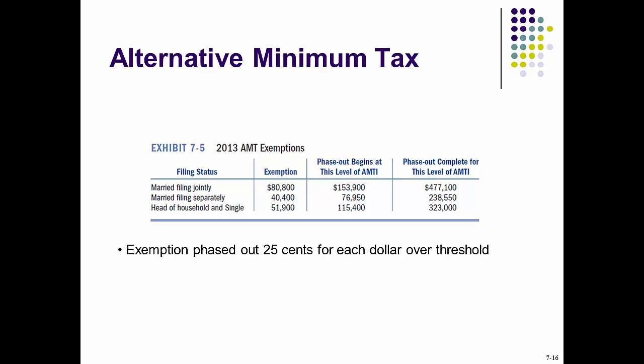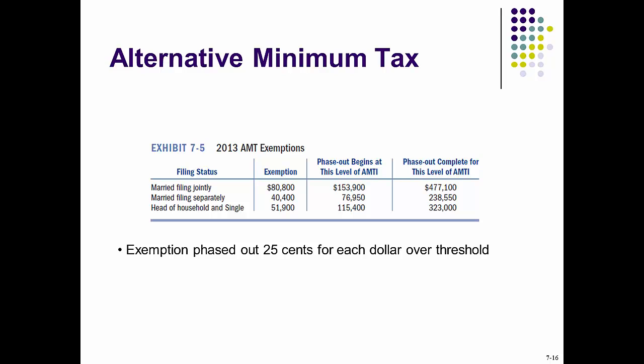Number one, 20% on the first 182,500 of AMT base for all taxpayers other than married filing separately. If they are married filing separately, then it is reduced to half the amount of 182,500. So that's 91,250.